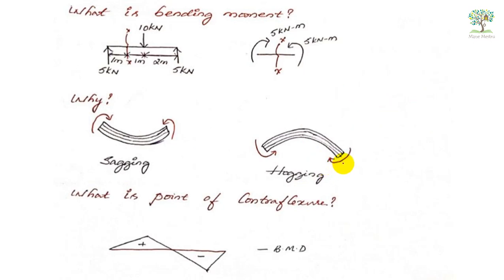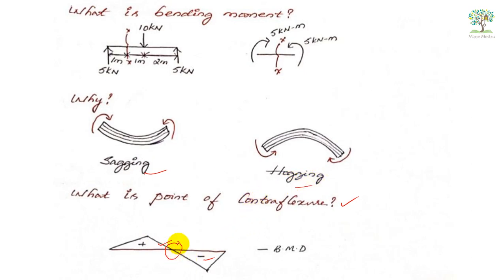Okay. Now, what do you mean by a point of contraflexure? Consider this is a bending moment diagram. Here is a point where the bending moment value is changing from positive to negative. That indicates the bending moment is changing from sagging to hogging. Correct or not?